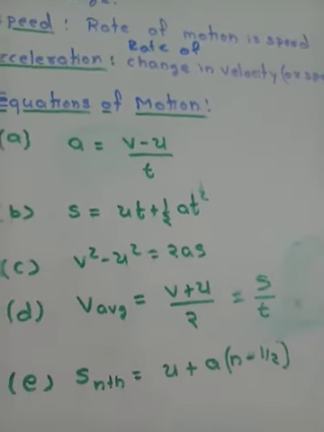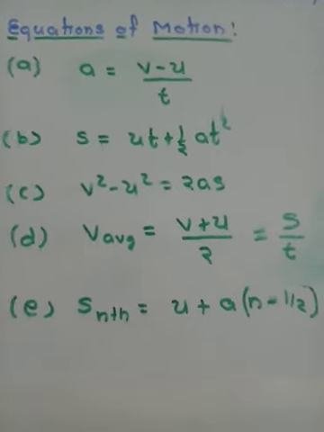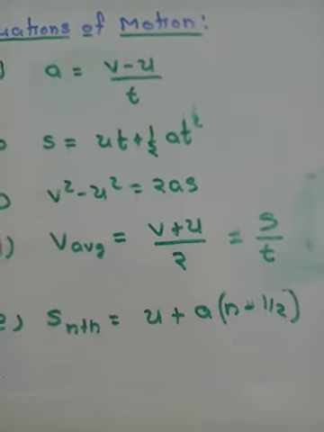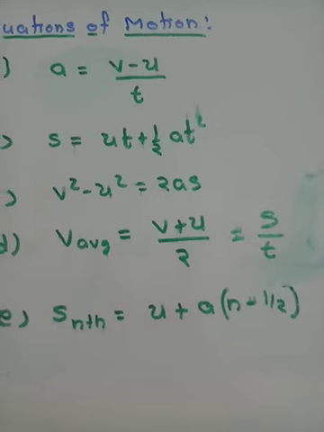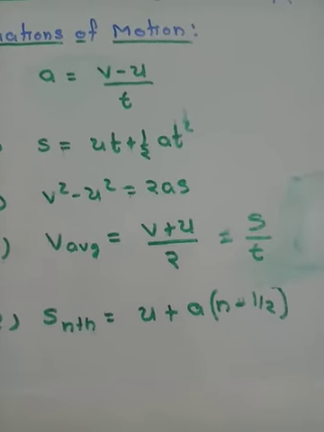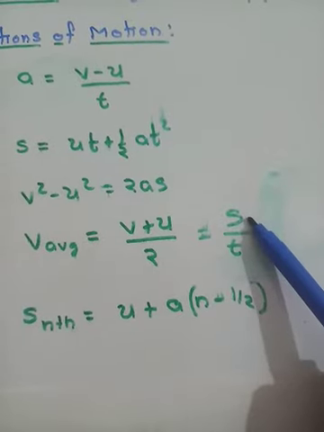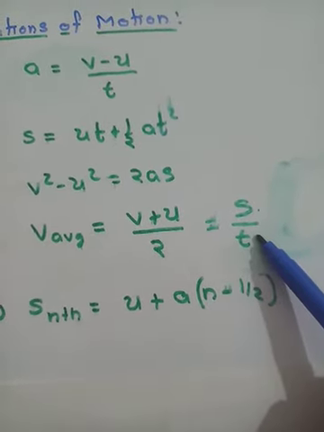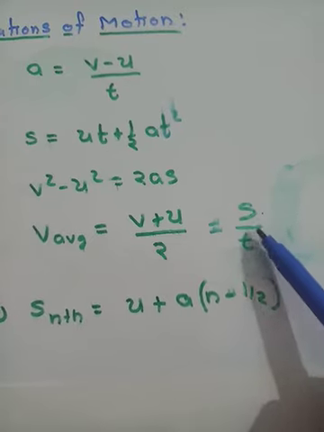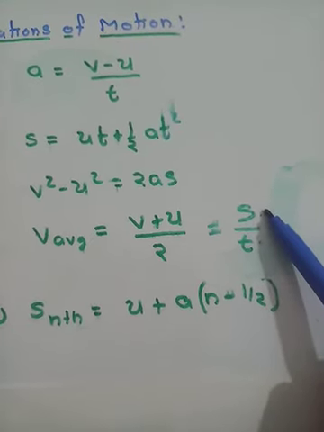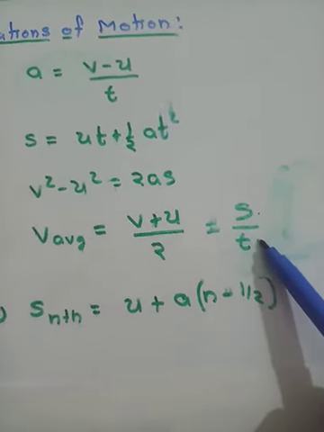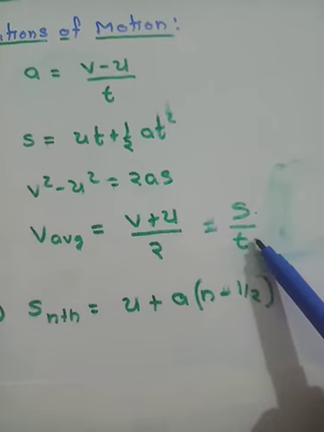In the same way, equation number D is for average velocity or average speed. It's again very simple. Average speed is defined as total distance covered to the total time taken. S is the total distance covered by the body and t is the time taken to cover that distance.